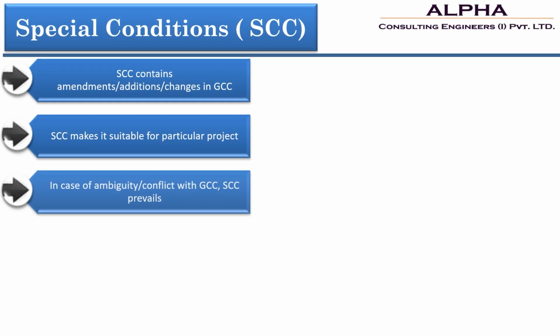So let's move on to another important document of a contract, that is the special conditions of contract. These are basically the amendments or additions or any changes from the general conditions of contract. Apart from this, there are various material advances for specialized equipment that are not generally covered in general conditions of contract and which are specific to that particular project and need to be covered in the special conditions of contract.